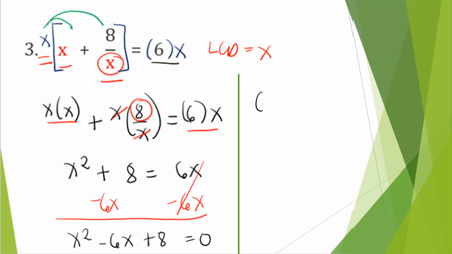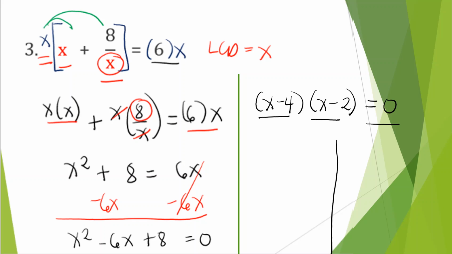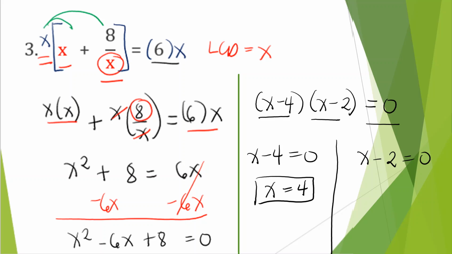So we have x minus 4 and x minus 2, and this will be equal to 0. Then let us solve for x. Let us equate each factor to 0. So we have x minus 4 is equal to 0 and x minus 2 is equal to 0. So we have x is equal to 4 and x is equal to 2.